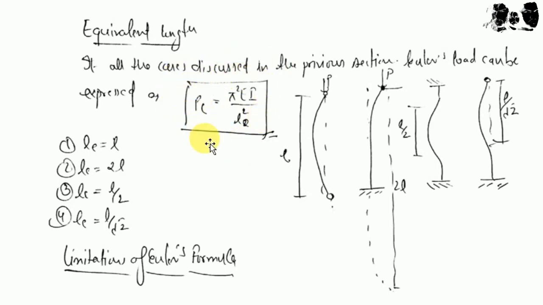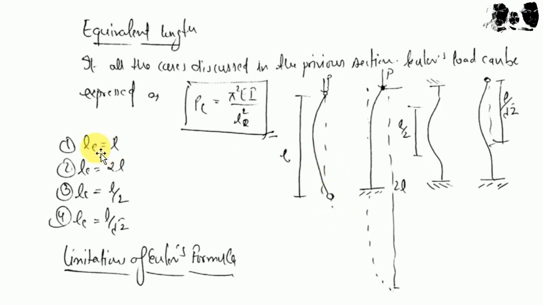And so what we did was generalize the formula in this form: P is equal to pi square EI upon LE square, where LE is denoted as the effective length, and effective length can be expressed for different end conditions of different loading in different kinds of beams.